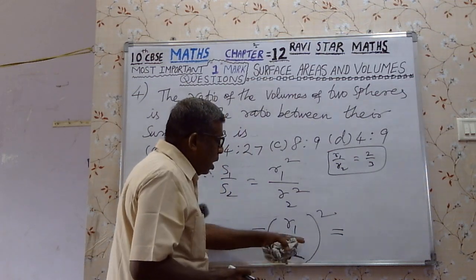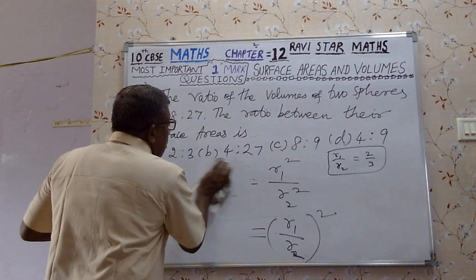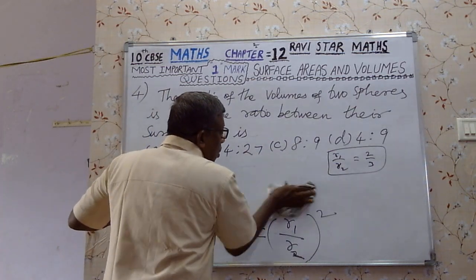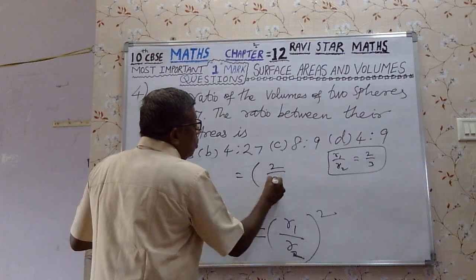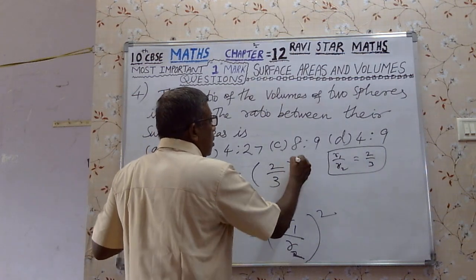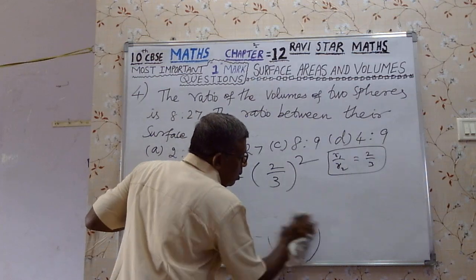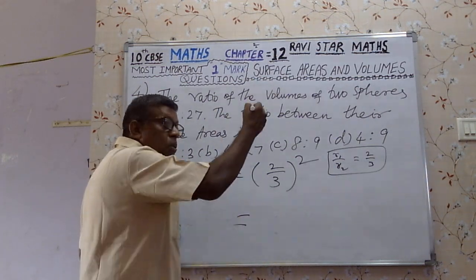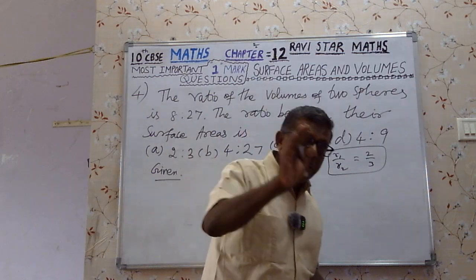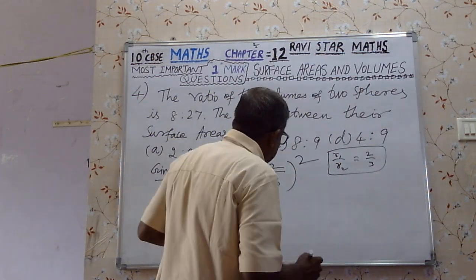What is R1 by R2? R1 by R2 equals 2 by 3, so it is (2 by 3) the whole square. That is 2 by 3 into 2 by 3. 2 into 2 is 4, 3 into 3 is 9.